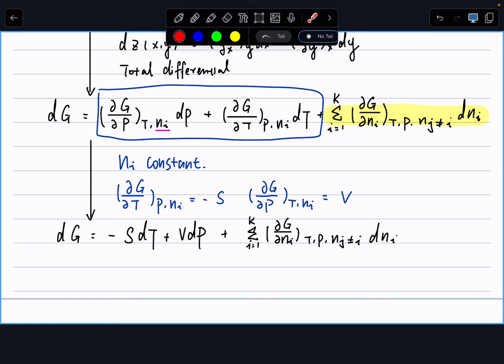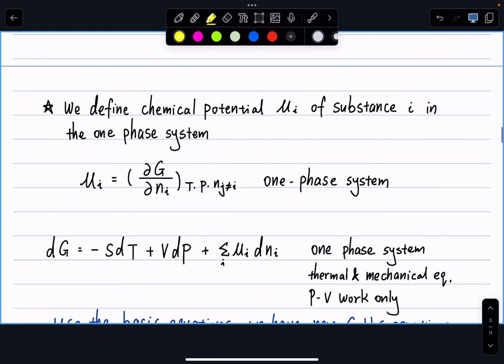That's the same as what we saw before, now with this term at the end. So from here, we're just using mathematical operations, and then we define chemical potential. The chemical potential, which is mu i, where the subscript i just tells us that's the chemical potential of my substance i, right? So that i can be my A, B, C, and D.